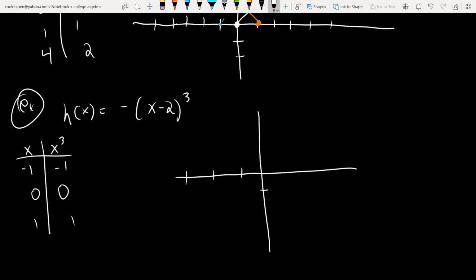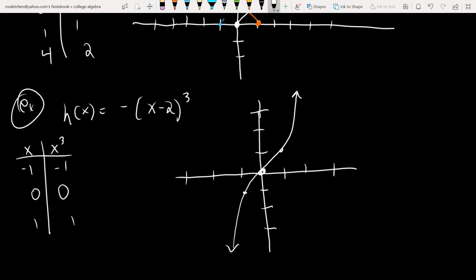I need about 3 tick marks, I guess. Okay, so 0, 0, negative 1, negative 1, 1, 1, and then it kind of has this shape to it, like a curvy type thingamajig. Okay, so order of operations.